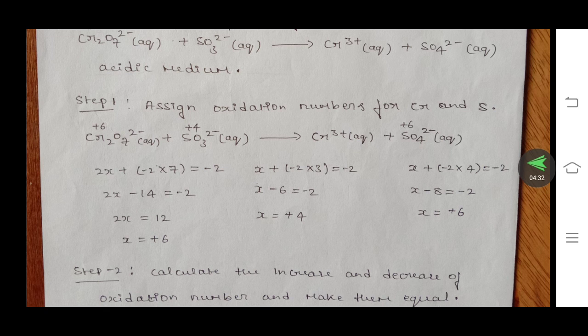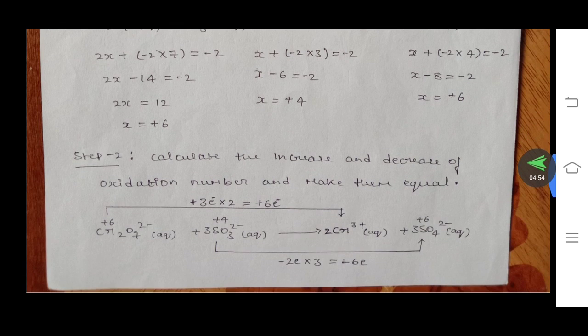So plus 4 is the oxidation number of sulfur in SO3 2 minus. Similarly, find out for sulfur in SO4 2 minus: x plus minus 2 into 4 oxygen present, equal to minus 2. So x minus 8 equals minus 2, x equals plus 6.